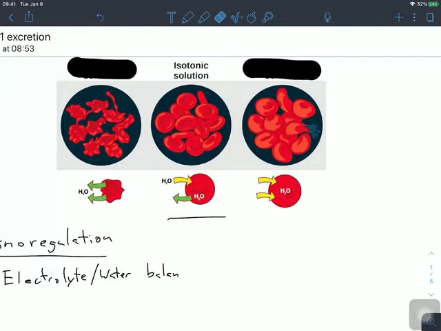However, if things get tilted so that there is a higher abundance of water floating around the red blood cells, meaning the electrolytes are down in the bloodstream, you will encounter a hypotonic solution, wherein now water will rush into the cell to try to compensate.